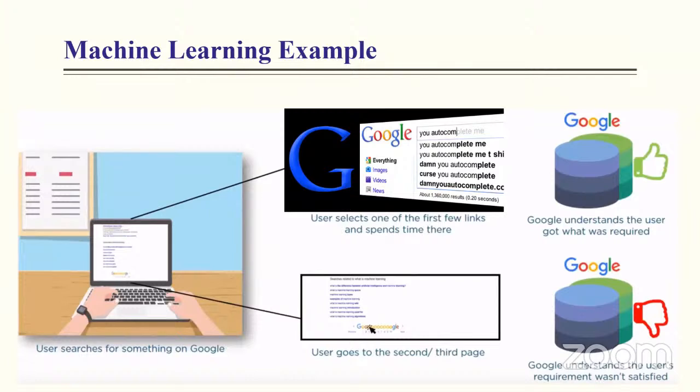That's fine. But as you keep on improving, your accuracy is going to increase, isn't it? So the machine is thinking what the user will type next. So that's an example of machine learning.